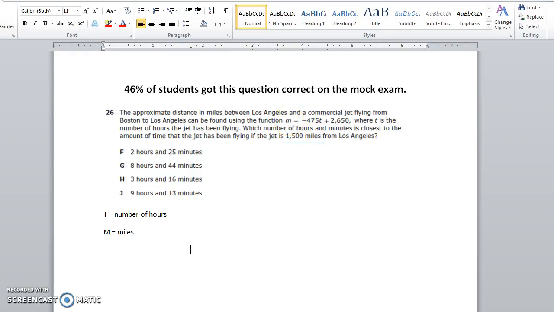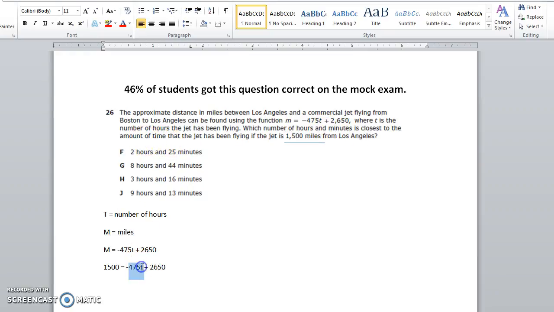So here's my equation. M equals negative 475t plus 2,650. I'm going to plug in 1,500 in for m. So 1,500 is going to go into m. 1,500 equals negative 475t plus 2,650. All right, so the question they have is, what number of hours and minutes is closest to the amount of time?